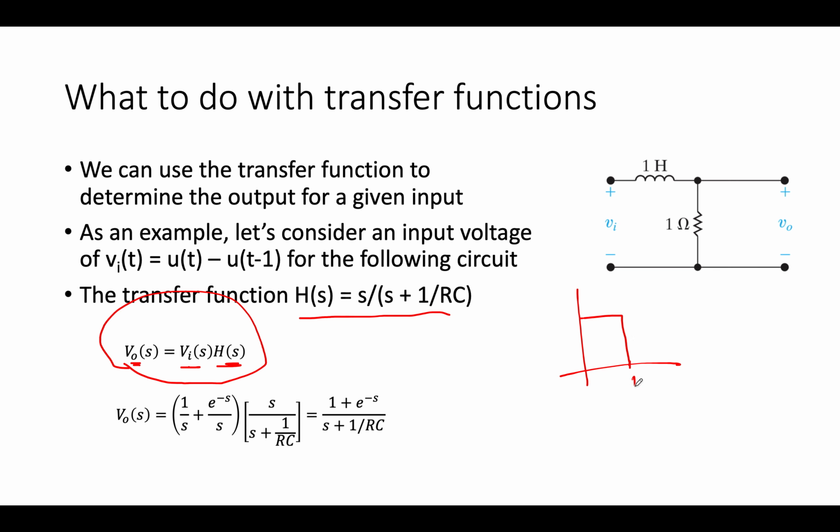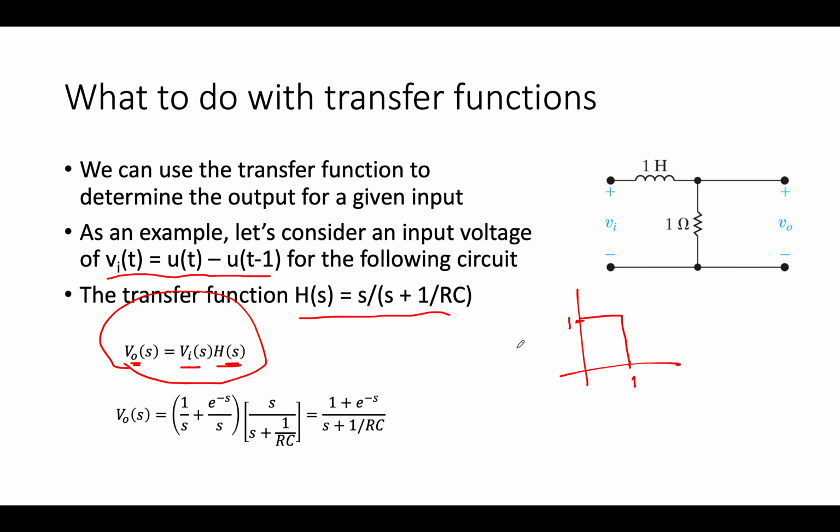So here's one, and here's one. This is just a 1 second pulse with a magnitude of 1. And as we discovered, we can write that as the difference of two step functions. So we're going to take this input and put it into the circuit, and we want to know the output.